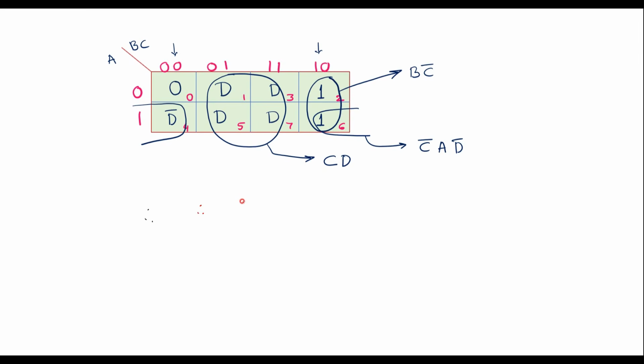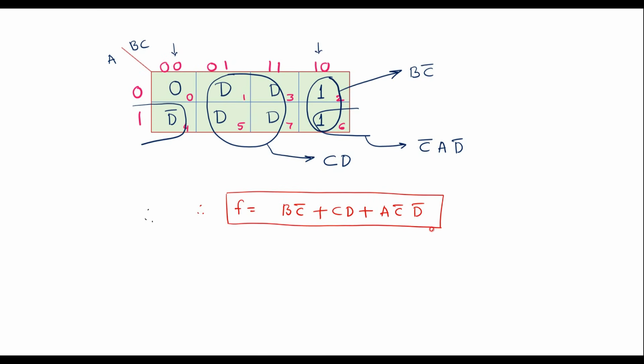So therefore I can write function F is equal to B C bar plus C D plus A C bar D bar. So this is the minimal SOP expression. Thank you for watching.